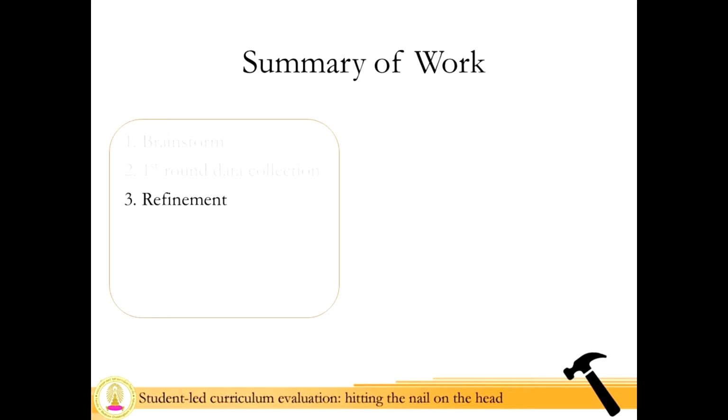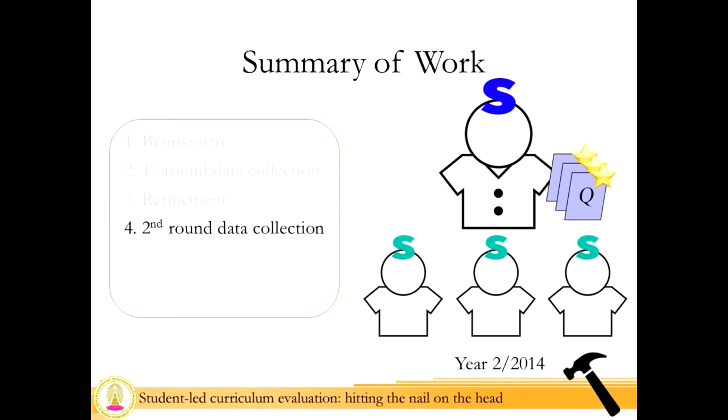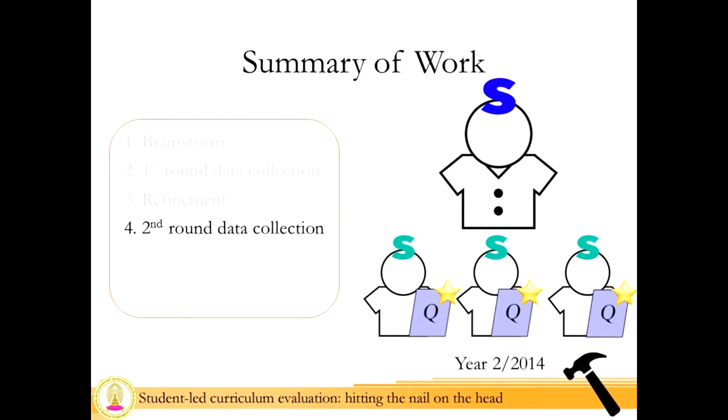Third, we gathered the results from the previous step, grouped them into 91 items, and presented them to the project advisor, who is also the secretary of the Curriculum Committee. Items were later limited to 62 by eliminating the non-implementable issues. Fourth, the closed-ended questionnaires, composed of these 62 items, were distributed and explained to all second-year students.